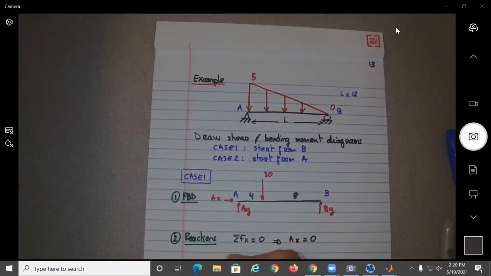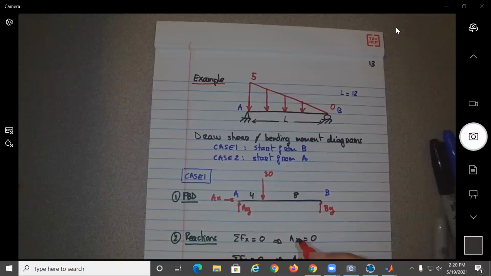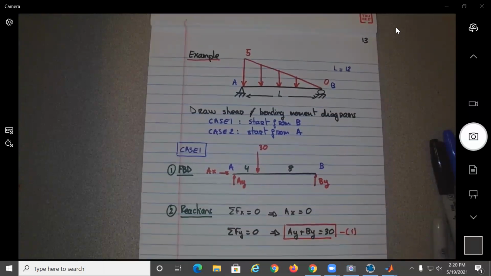Summation of forces on the y will give you what? AY plus BY equal to 30. It will be minus 30. Okay, equation 1.